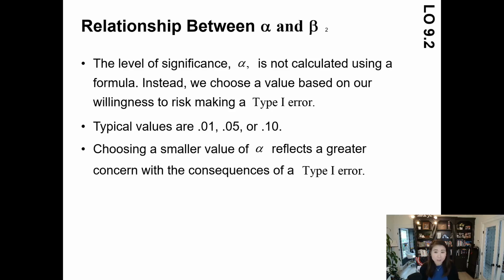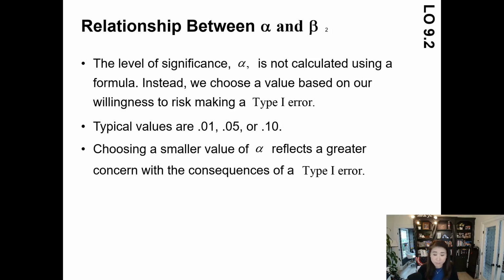That's what I said. The fact is the type 1 error is the one we want to control. And so that's how we determine those numbers: 0.01, 0.05, or 0.10.